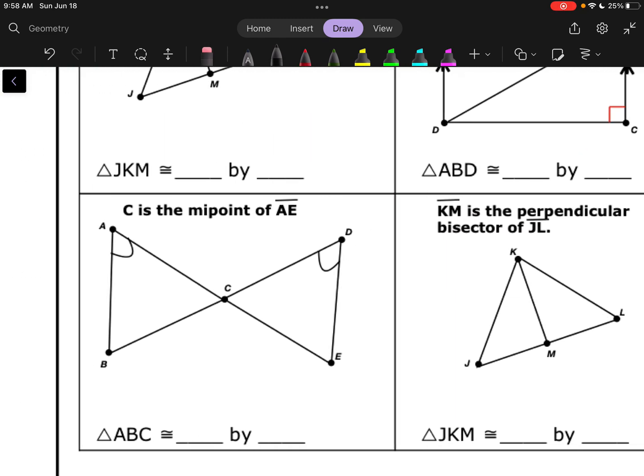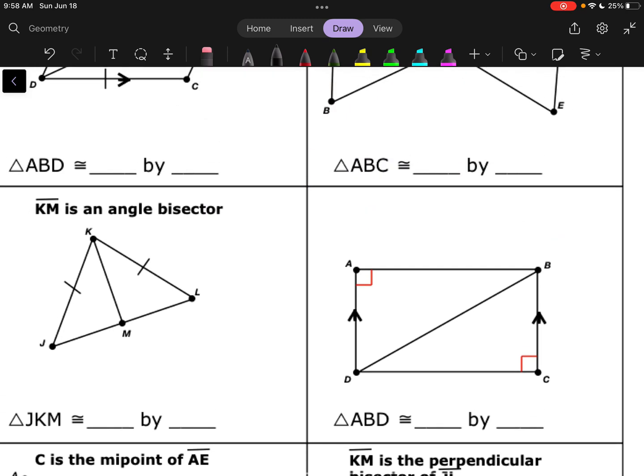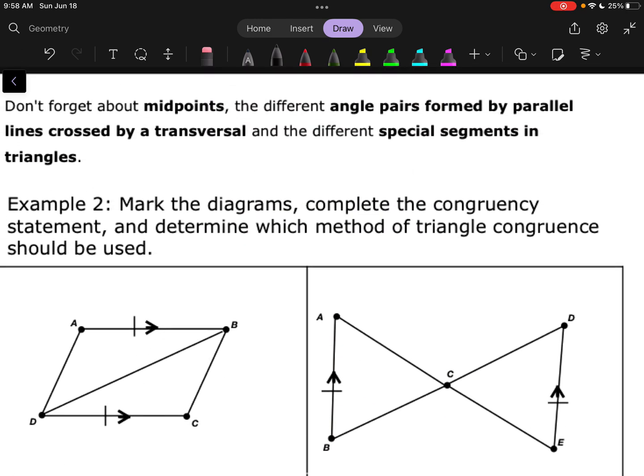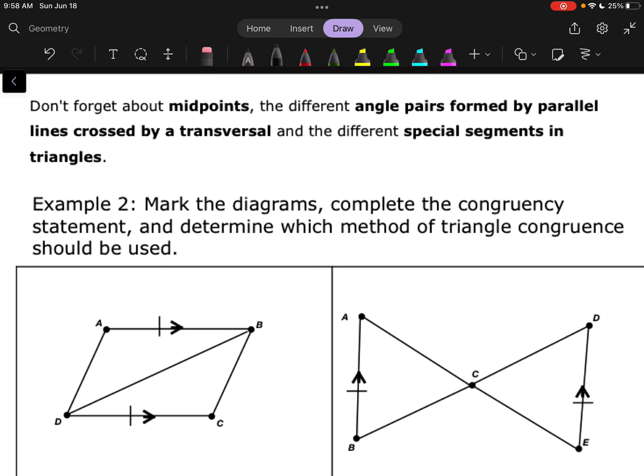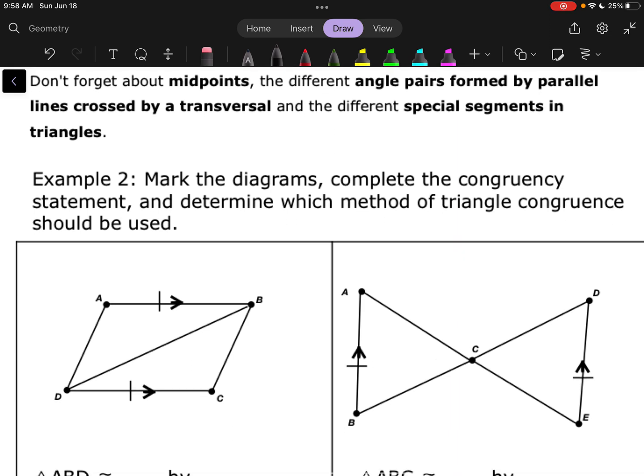Okay, so we're going to step it up a little bit more here. This says, don't forget about midpoints, different angle pairs formed by parallel lines crossed by a transversal, and the different special segments and triangles. These are all other things that we have learned in previous videos that are going to help us mark more things on our triangles.